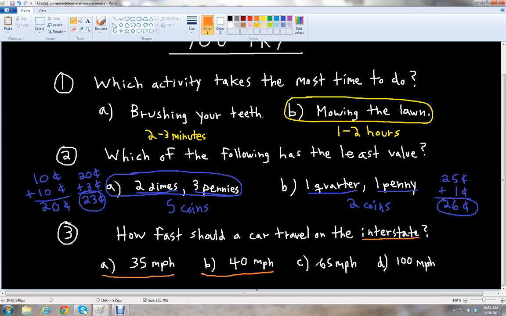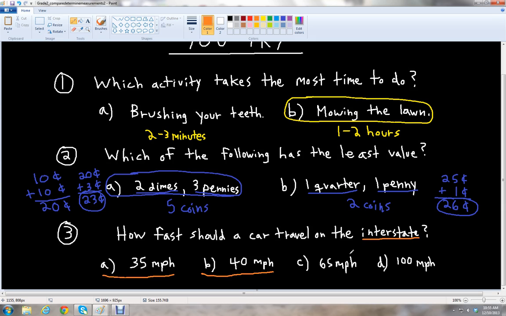But then if we take a look at the last two choices, we have 65 miles per hour and 100 miles per hour. Sometimes you'll see signs on the interstate that tell you the speed limit. And the speed limit most of the time on the interstate is around 65, maybe 70 miles per hour, depending on where you are.